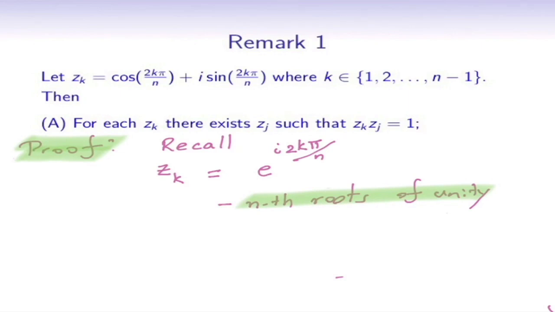That means zk to the power n is equal to 1 for all k equal to 1, 2 and so on up to n minus 1.